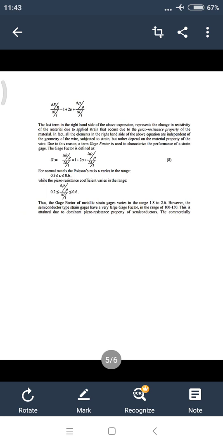The last term on the right hand side of the above expression represents the change in resistivity of the material due to the applied strain, and it occurs due to the piezoresistance property of the material. Rho is normally a parameter of the wire which does not change, only the length and area change and so the resistance changes.